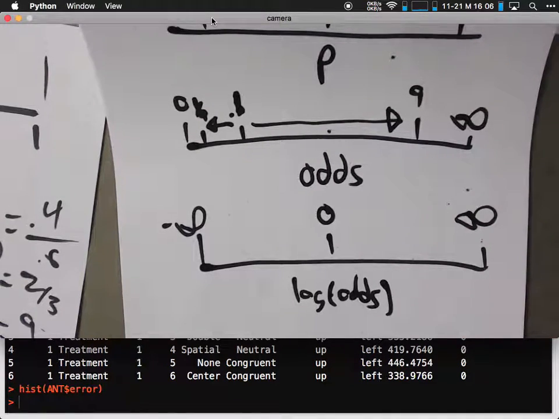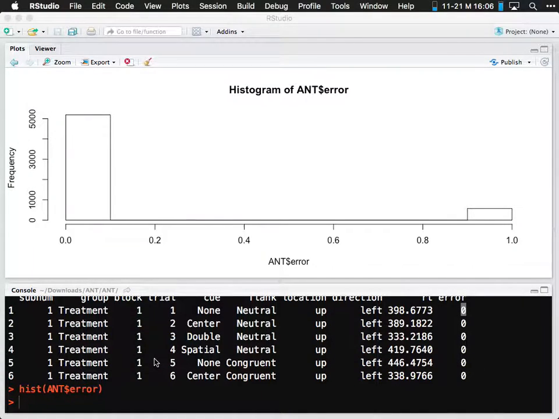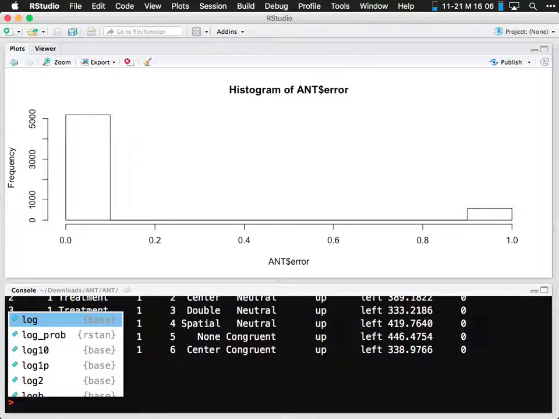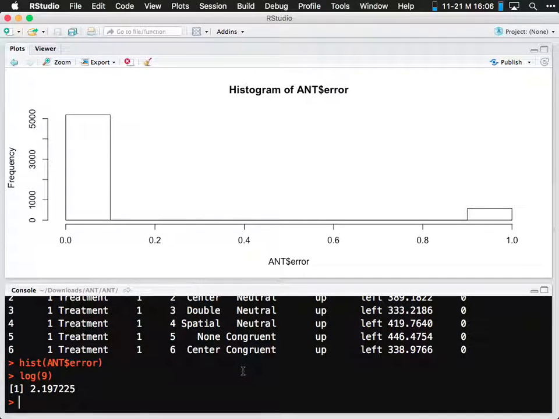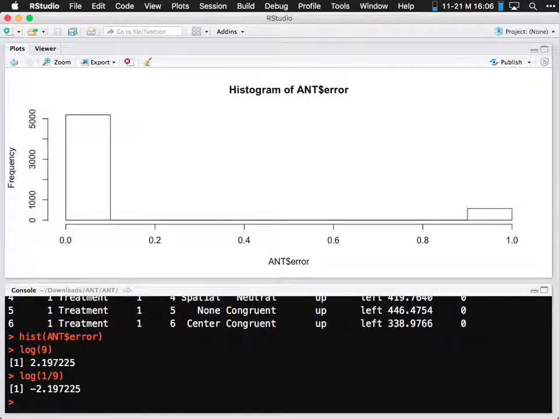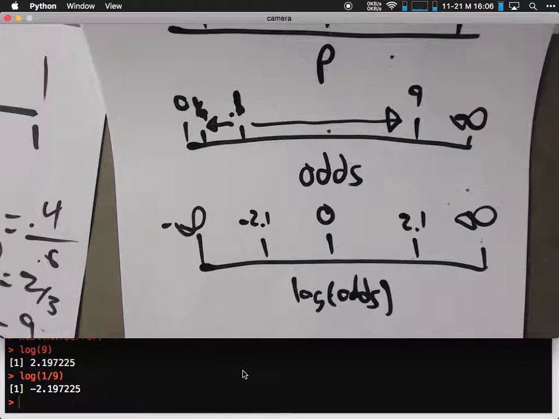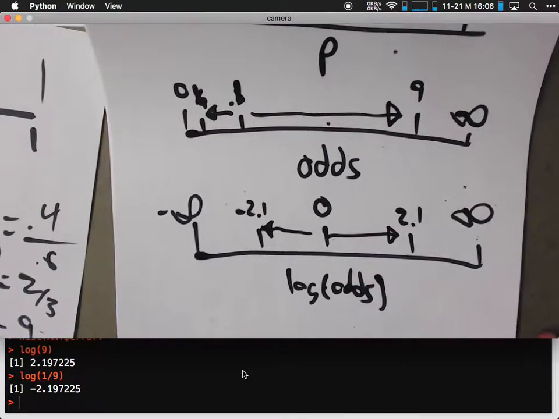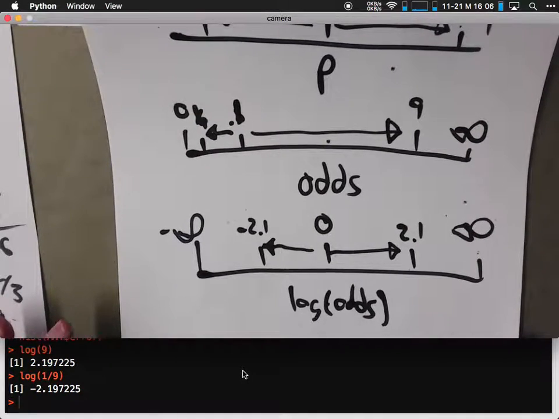And here, the log of 9, let's see, R will do it. It's 2.1-ish. And log of 1/9 is negative 2.1-ish. So it's made that change symmetrical again. So that's nice.